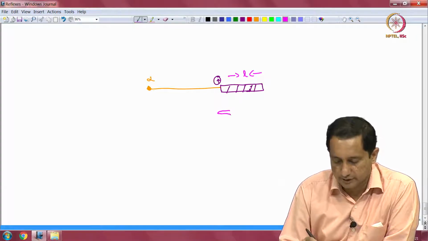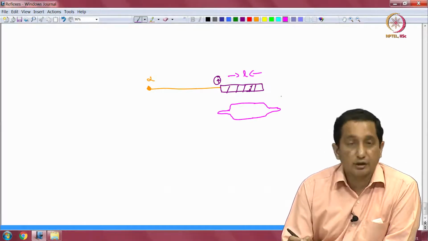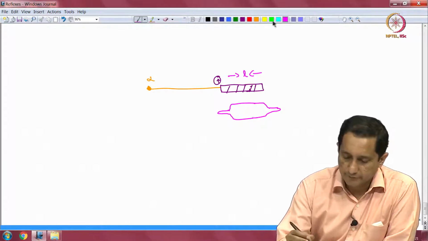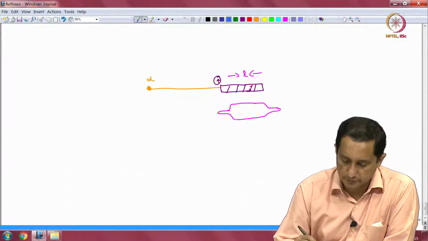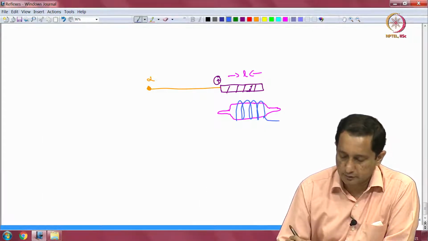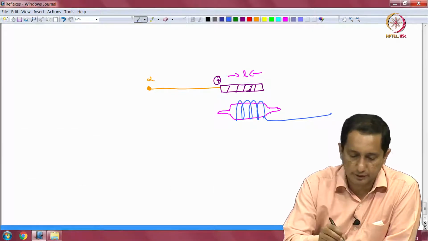The muscle spindle is like this. What we saw during the stretch reflex is the fibers from this one. So, we will draw those fibers.